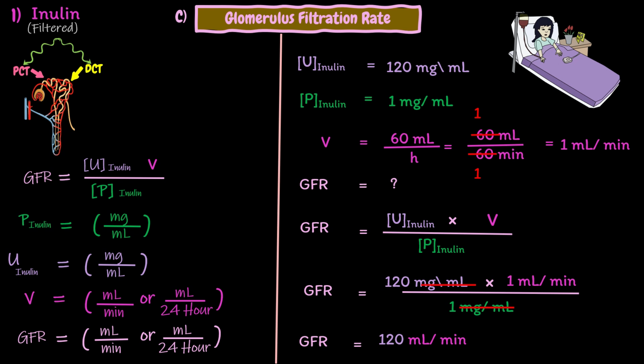Second important point we need to discuss under glomerular filtration rate is the estimates of glomerular filtration rate with blood urea nitrogen, or BUN, and serum creatinine. Both BUN and serum creatinine increase when glomerular filtration rate decreases.